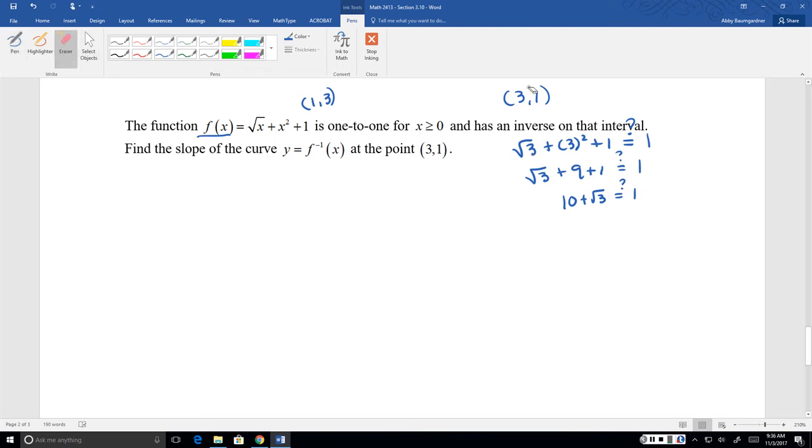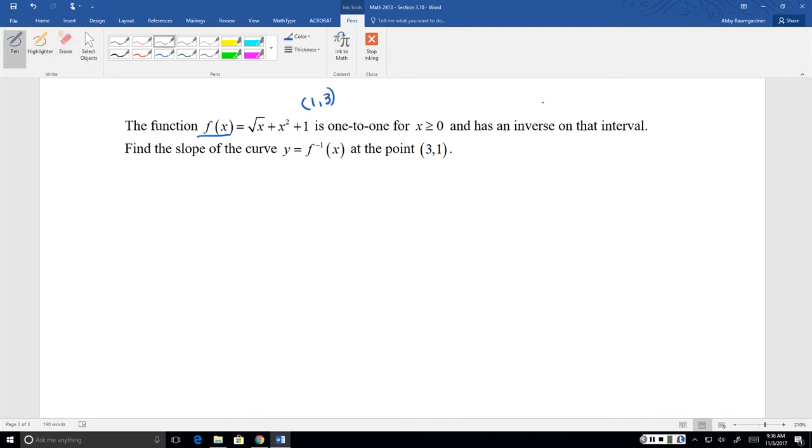What about the other way? What if it's (1, 3)? So if you get confused by the wording, because the wording can be confusing on these, you can always just check, but sure enough, that does give us the 3. So when you plug a 1 in, you get 3 for your original function. So (1, 3) is for the original function f, which would mean that (3, 1) lies on the inverse.